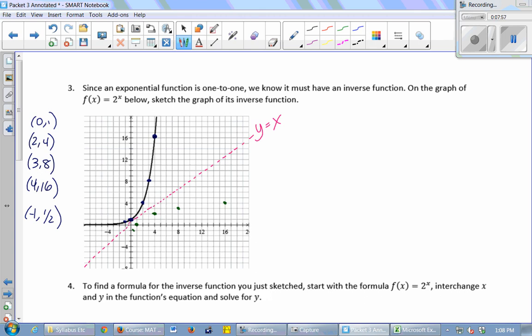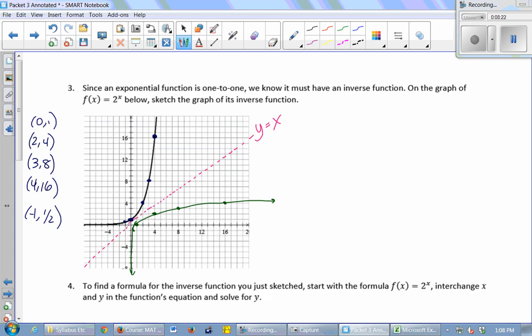And if I try to connect those with a nice smooth curve and knowing that it is supposed to be the mirror image of my graph of 2 to the x, I'm going to get something like this. And this would go down like that. Yeah, I got an asymptote. So that is the inverse.